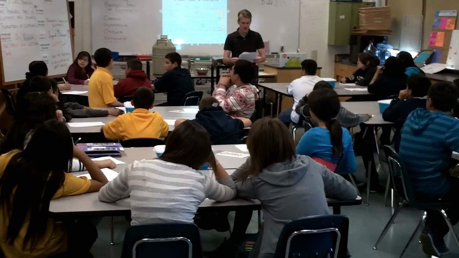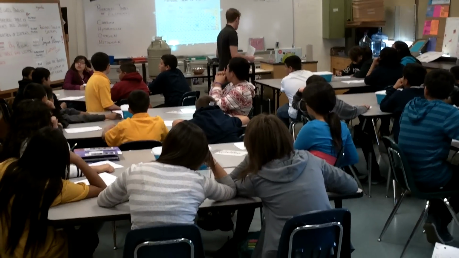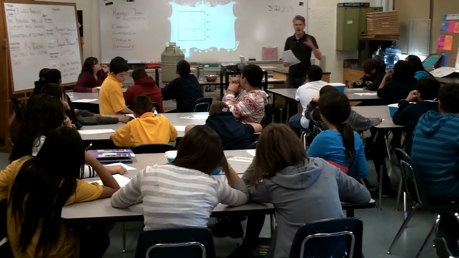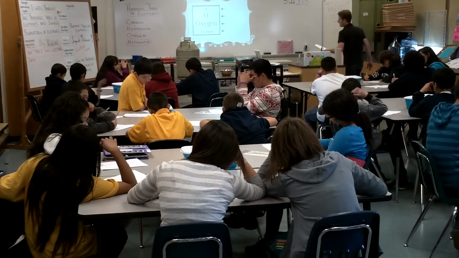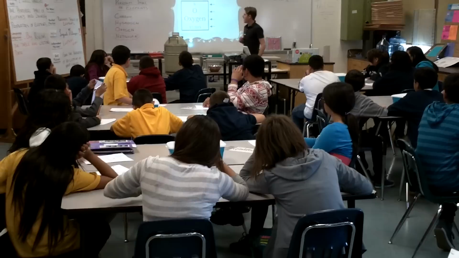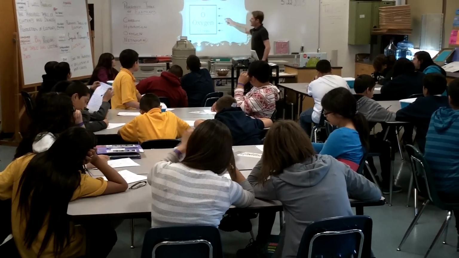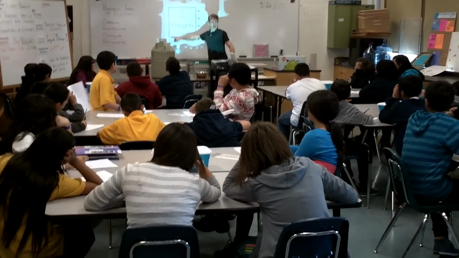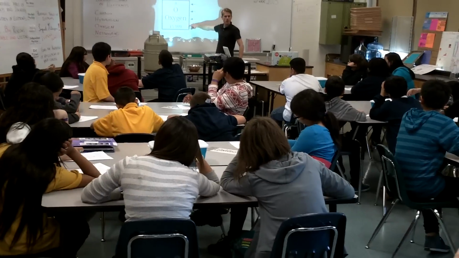All right. So, how to read the periodic table? Get your pencils ready for our notes. Here's one that's really important to us. Oxygen. Now, each element on the periodic table has its own box.